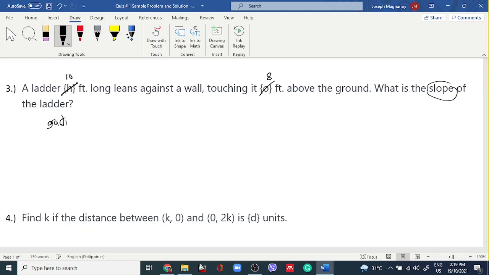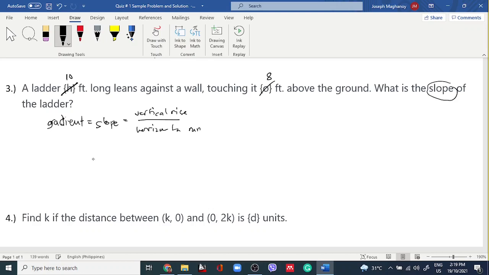Gradient, or slope, is equal to your vertical rise and horizontal run.